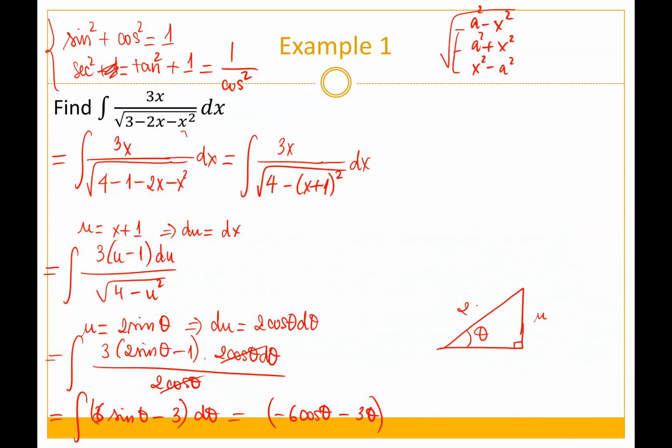In one of the right triangle relationships, you're going to have one of the sides equal to the square root of 3 minus 2x minus x squared. If you have one of these sides equal to that, then this is one of the ways that lets you check that your answer is correct.